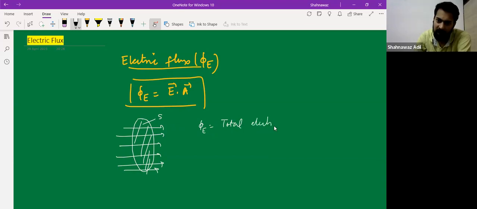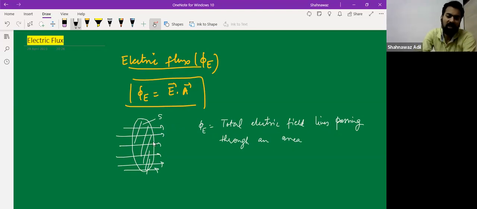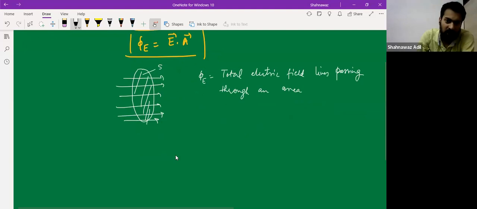So the total electric field lines passing through an area. Right. So this is electric flux, and what will be the mathematical form of this?